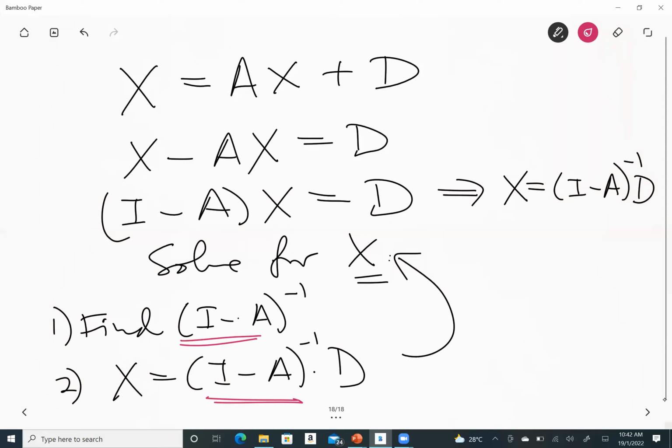Okay, so let's consider an example. Let's say our industry consists of two sectors, manufacturing and agriculture.